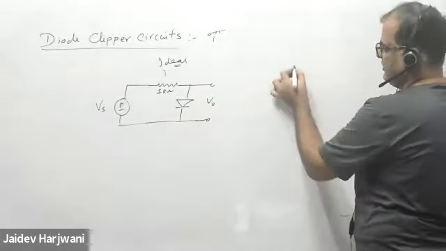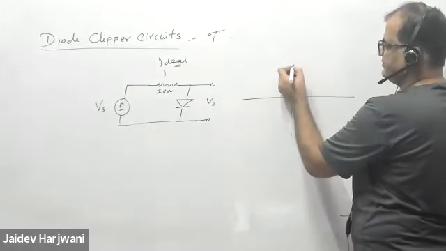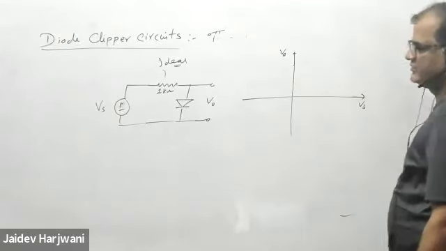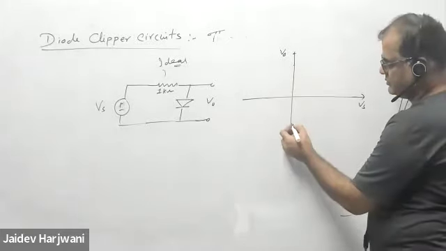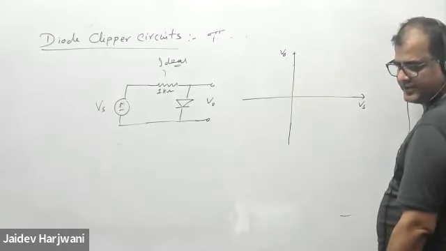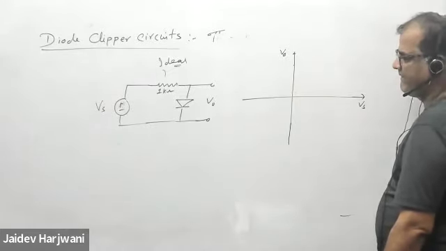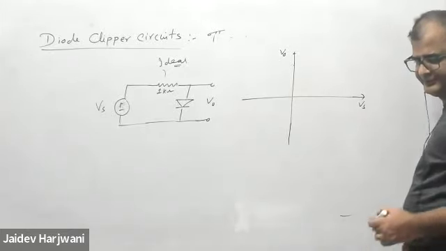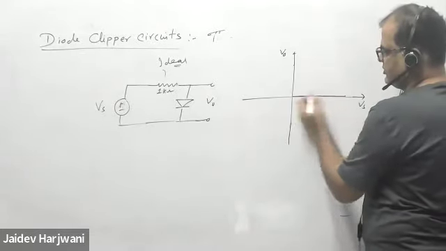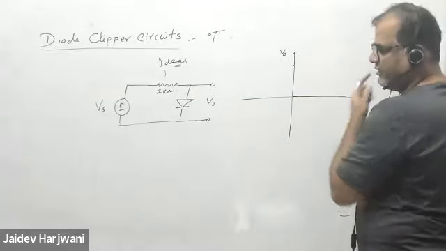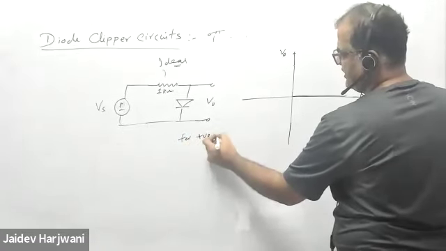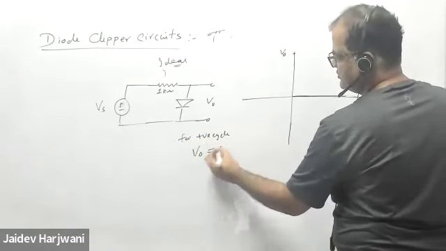If Vs is positive, what is the value of V naught? This is an ideal diode. 0, so for the positive cycle V naught is equal to 0.